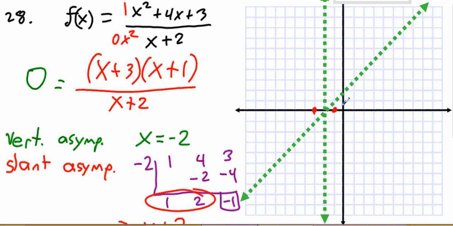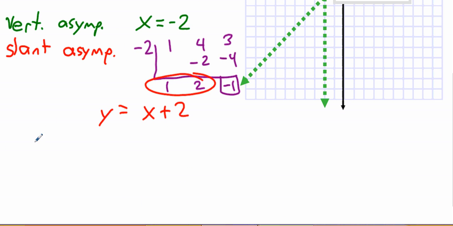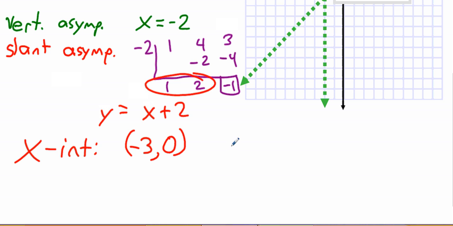Basically you're setting the numerator equal to 0 for your x-intercepts. You get x equals -3, x equals -1. 2 points. So your x-intercepts are -3, 0 and -1, 0.